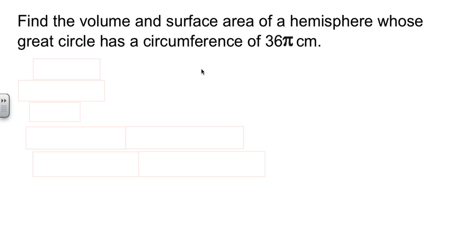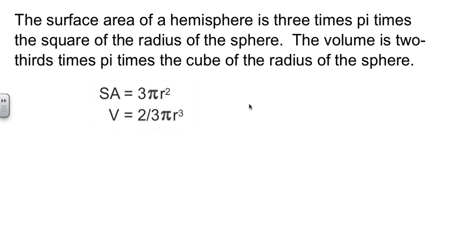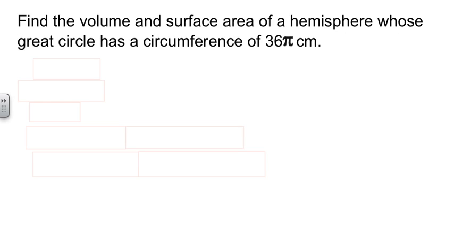So let's find a volume and a surface area for a hemisphere. And be warned here, they're throwing a curveball at you already. The great circle has a circumference of 36 pi. Now remember, I'm going to jump back a page, we need to know the radius to be able to do any of this.